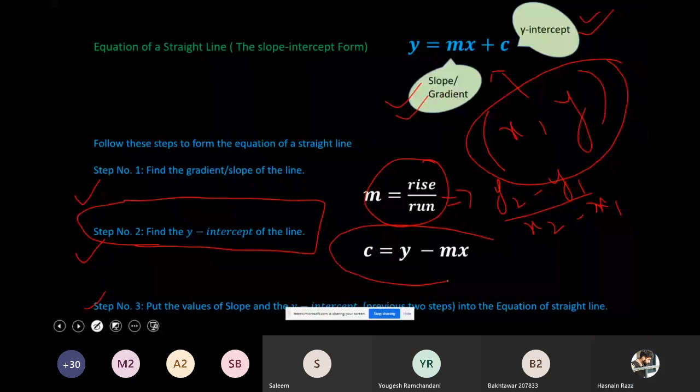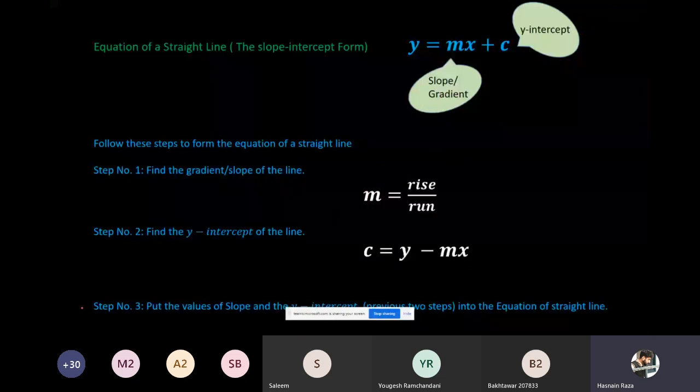This: c equals y minus mx, where once again m is the slope, x and y are the coordinates, and c is the y-intercept. हमने इसी फॉर्मूला के अंदर सब्जेक्ट चेंज किया, mx वहां भेज दिया, mx वहां जाके माइनस हो जाता है. Nothing else we have done here. We have used only one formula for this equation of a straight line.